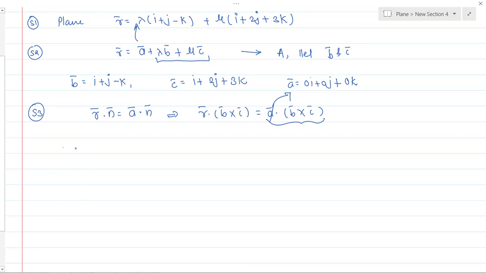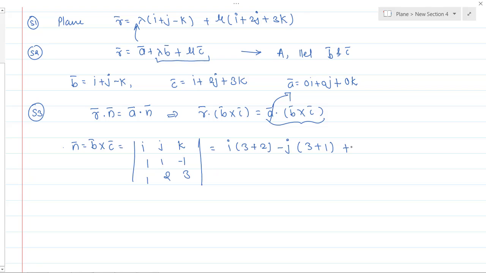So n bar is equal to b bar cross c bar, which is the determinant of i j k, 1 1 minus 1, 1 2 3. This is equal to i into bracket 3 plus 2, minus j into bracket 3 plus 1, plus k in bracket 2 minus 1.